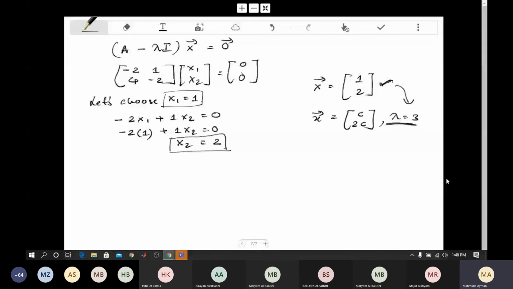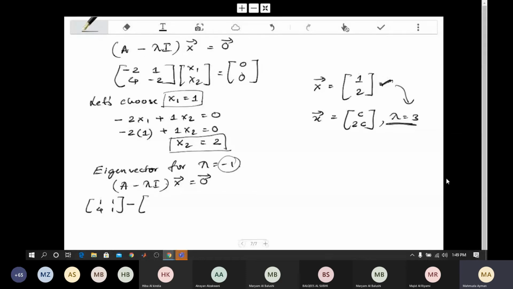Okay, so now let's do the same thing for lambda is equal to minus 1. Let's find out the eigenvector for lambda is equal to minus 1 now. So again, we'll take our equation, which is A minus lambda I times vector x is equal to 0 vector. So we have A is 1, 1, 4, 1, minus lambda, which is now for us minus 1.